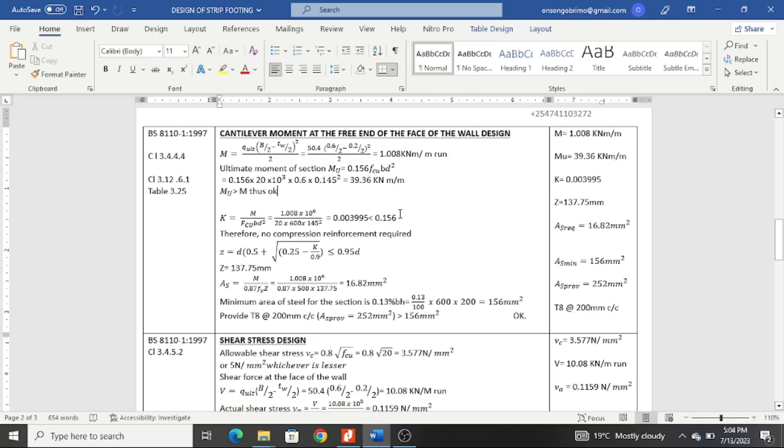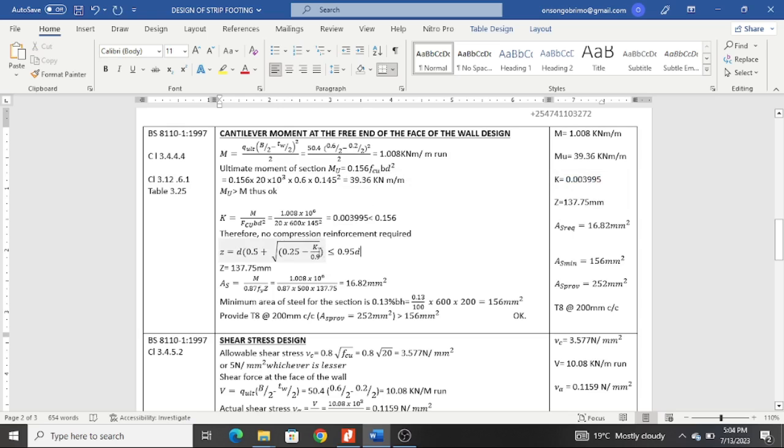Once this relationship is achieved, therefore my section does not require compression reinforcement. Once you get K to be greater than 0.156, therefore you provide compression reinforcement for your section. And from this, that means I'm going to adopt this as my K value.